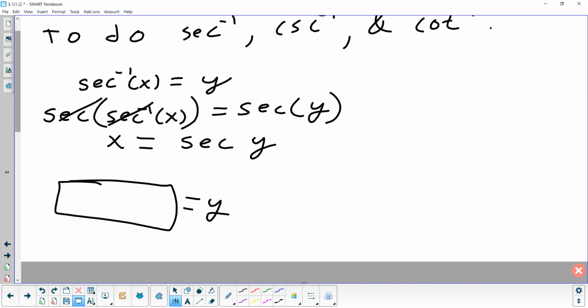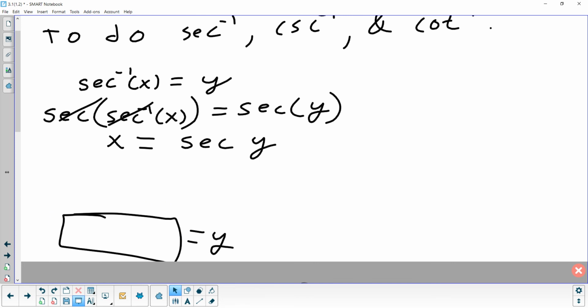Okay. Now, the last step is to flip both sides. And watch what happens if we flip both sides. That has a 1. Right? So when you flip that, we have 1 over x equals. Now think about secant. When you flip it, what trig function does it turn into?